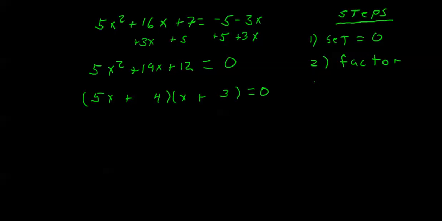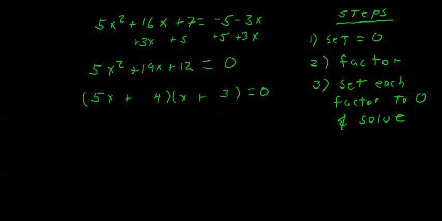And the last step, set each factor to 0 and solve. So I set this equal to 0, 5x plus 4 equals 0, and x plus 3 equals 0.